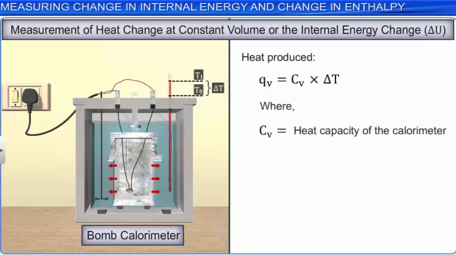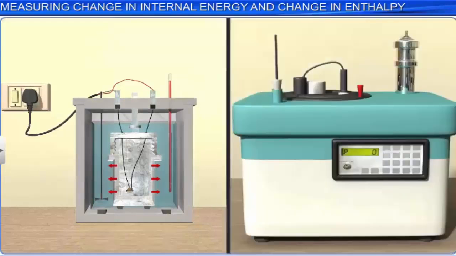The measure of a bomb calorimeter's heat-absorbing property is called its heat capacity. Each bomb calorimeter differs from all others in its ability to absorb or release heat. The heat capacity of each bomb calorimeter is determined experimentally.